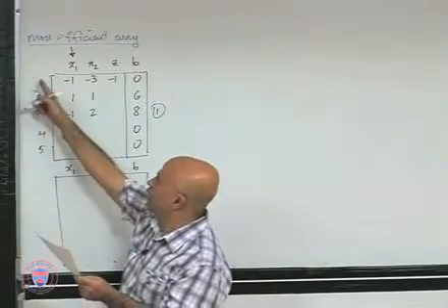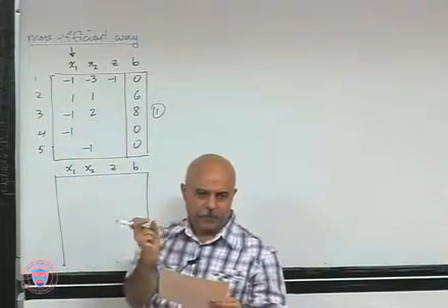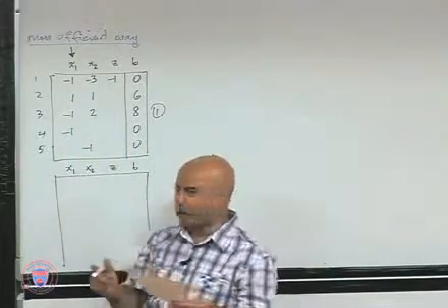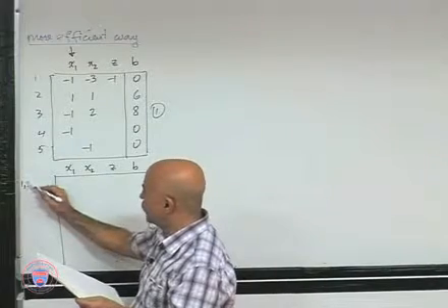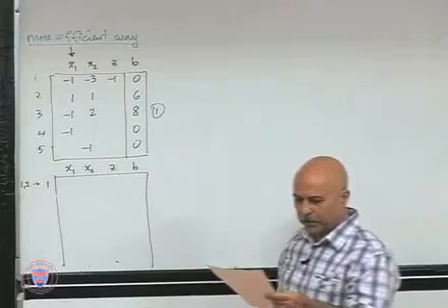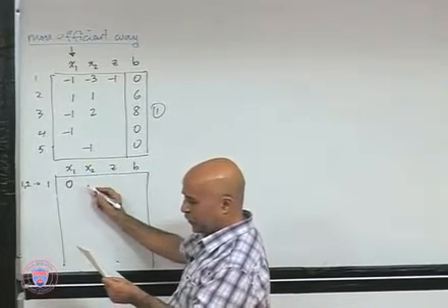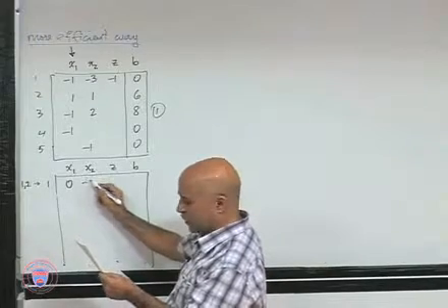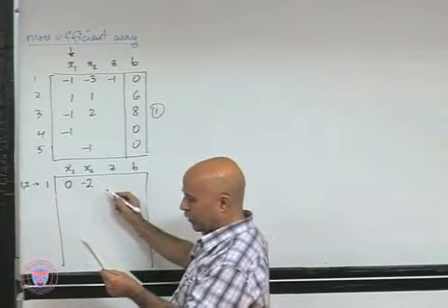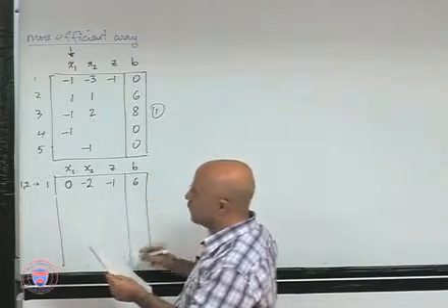When I pair up 1 and 2, negative and positive should be paired up. Okay? One is a lower bound, the other one is an upper bound. So 1 and 2 give me the new inequality 1. And that has 0 for x1. The eliminated variable always has a 0 coefficient, minus 2 and minus 1. And the right side is 6.